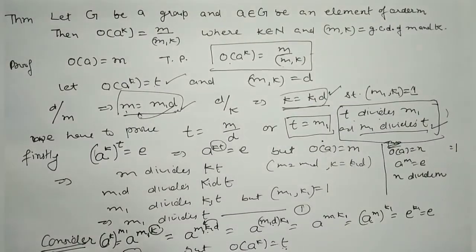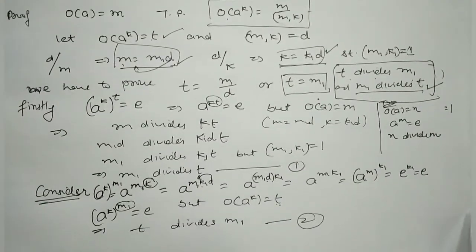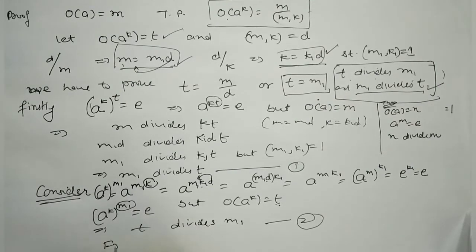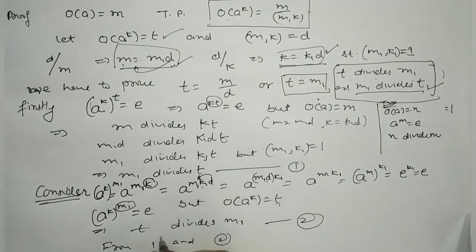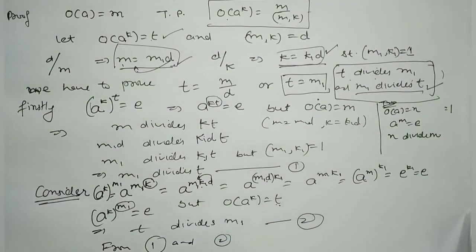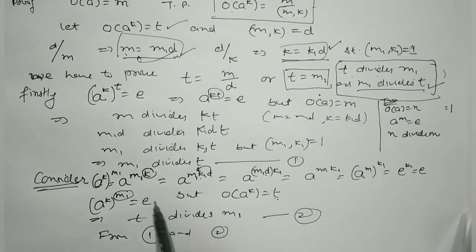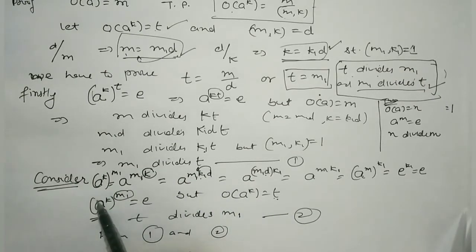From 1 and 2, what does it mean? That any number that makes some element identity is divisible by the order, because the order is the smallest such number.